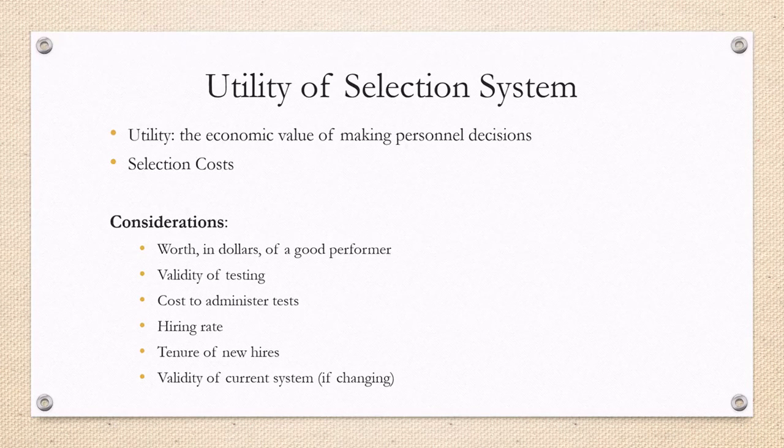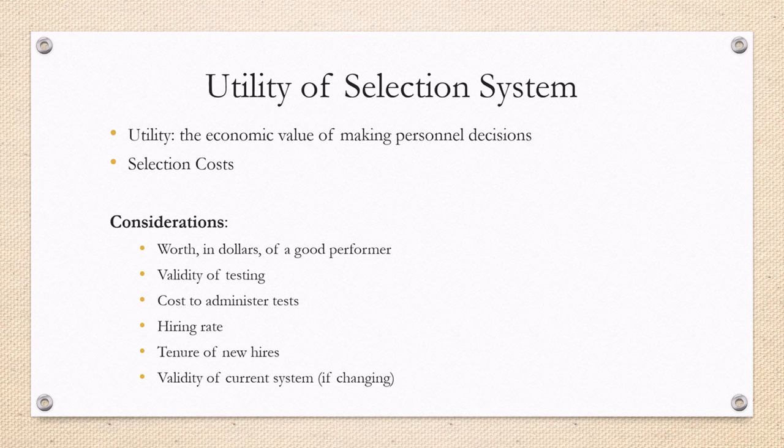But there are also costs associated with how long people will be in the organization, so the tenure of new hires. And how valid is the current system? If the current system is not very effective, if it does not have a high validity, then instituting a new system may be worth it.